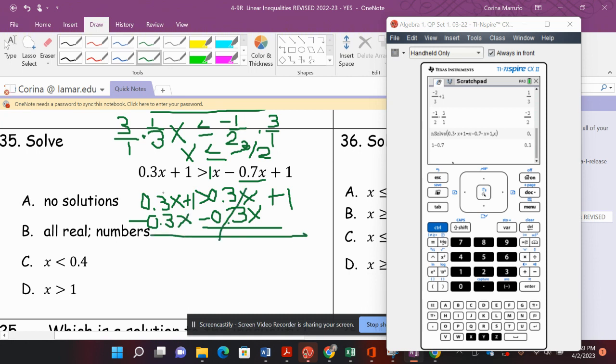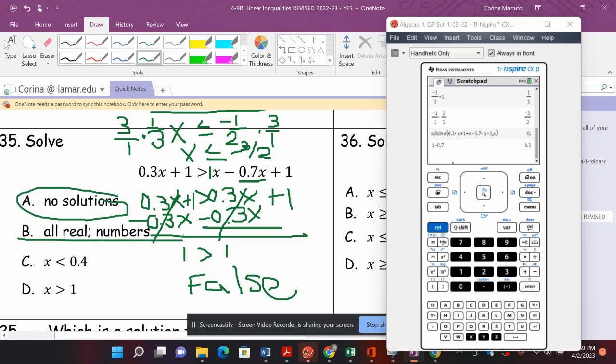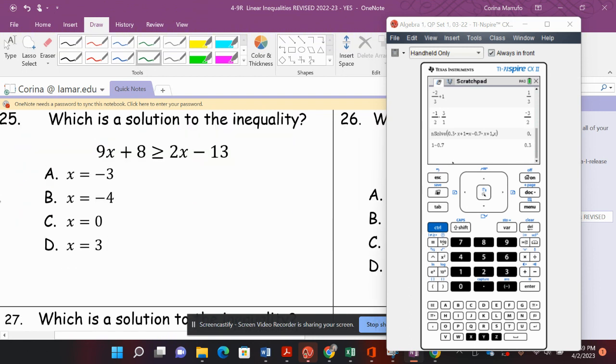And here all the x's cancel. And we're left with 1 greater than 1, which is not true. That is false. So because it is not true, that means we have no solution. Okay? If it was true, then it would be all real numbers. All right, I'll leave 36 for you guys.